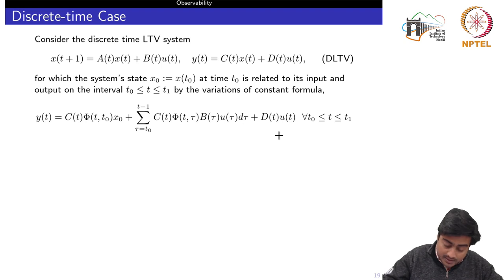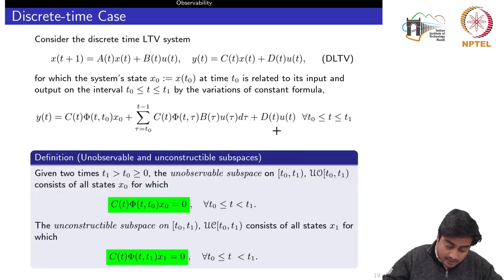time LTV system, where again phi is the state transition matrix and A, B, C, D are the parameter matrices of this LTV system. Along the same line as the continuous time domain, we can define these two subspaces, unobservable and unconstructible, on t0 to t1, consisting of all states x0 for which C phi x0 is equal to 0.